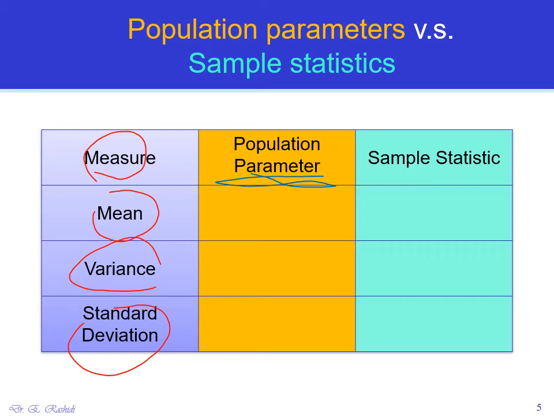For example, we show the mean of the population, if you remember, by mu. And for the sample, we show it by x bar. For the variance of the population, we show it by sigma squared. For the sample, it's s squared. The standard deviation is just the square root of the variance. So for population, it's sigma, and for sample it's just s. So this table is going to help you summarize all what we have learned so far.